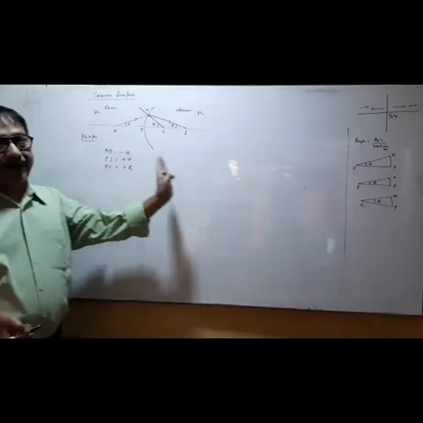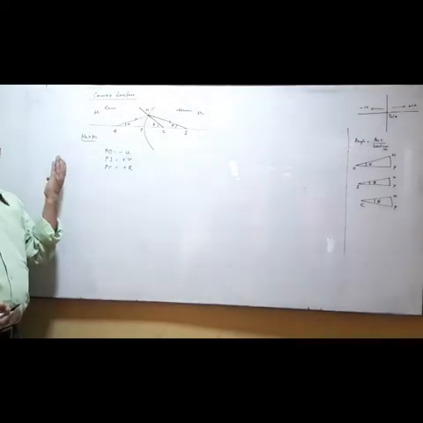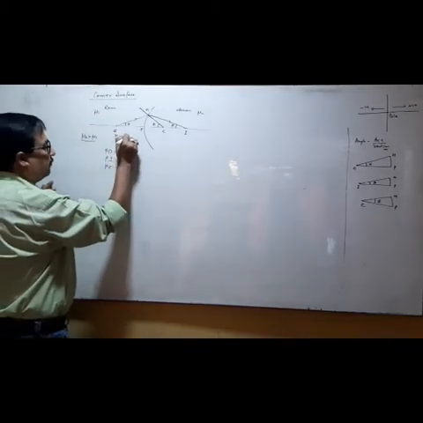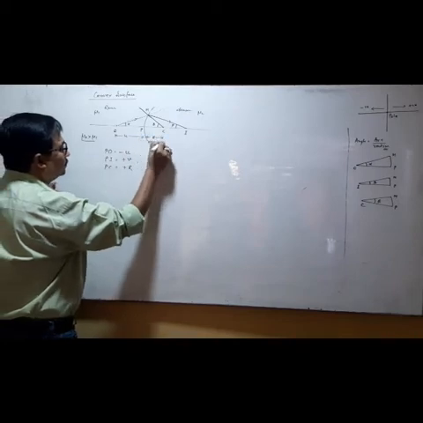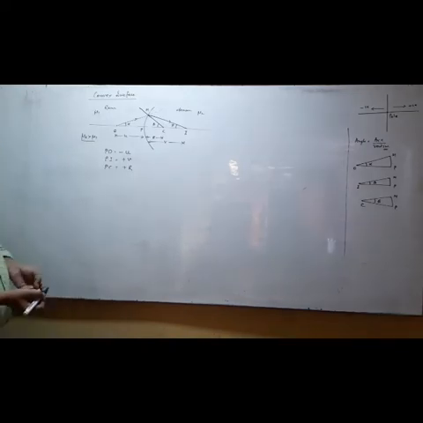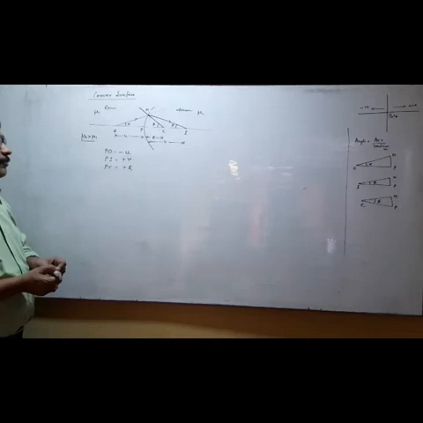Because they are on the right hand side. Why is PO negative? Because it is on the left hand side. So as per sign convention, when we measure towards left, it is with the negative sign, and when we measure towards right, with the positive sign.